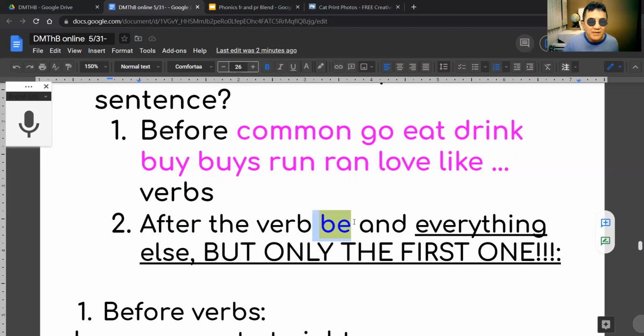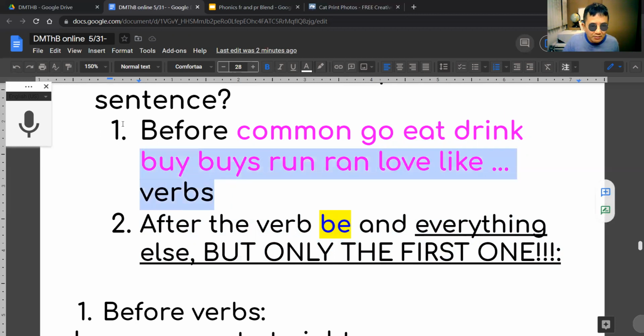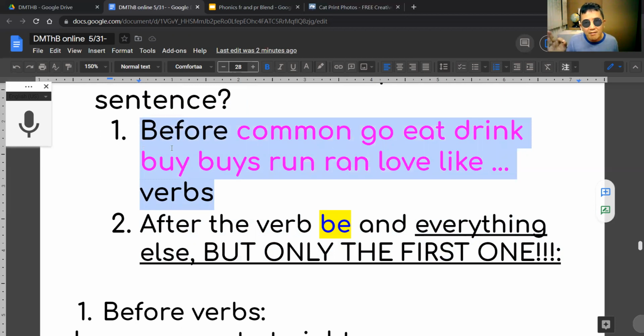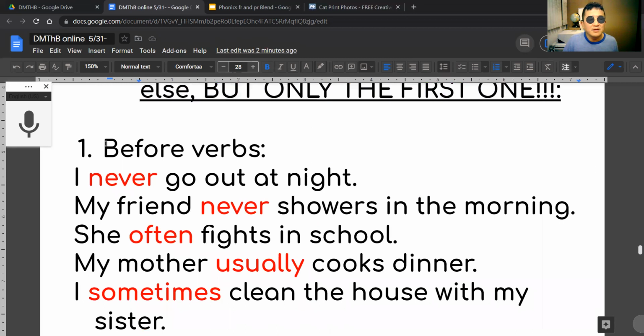All right, so let's begin. Today we're going to focus in this video on rule number 1, putting the adverbs of indefinite frequency before verbs. All right, here we go. So rule number 1, before verbs.